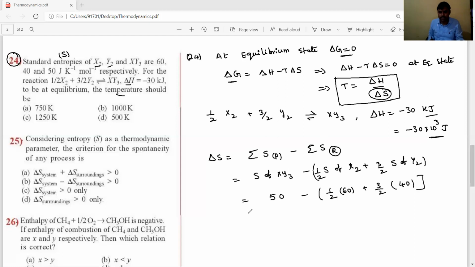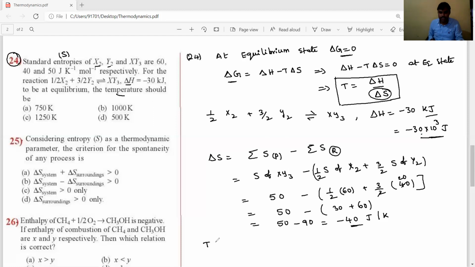Okay, students. Now it is nothing but 50 minus 30 plus 60, that is 90. Then 50 minus 90 is equal to minus 40 joules per Kelvin.